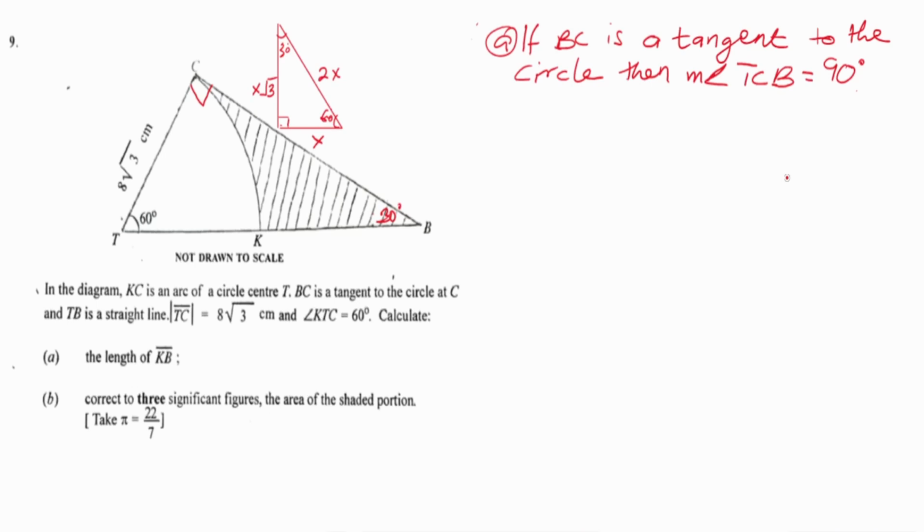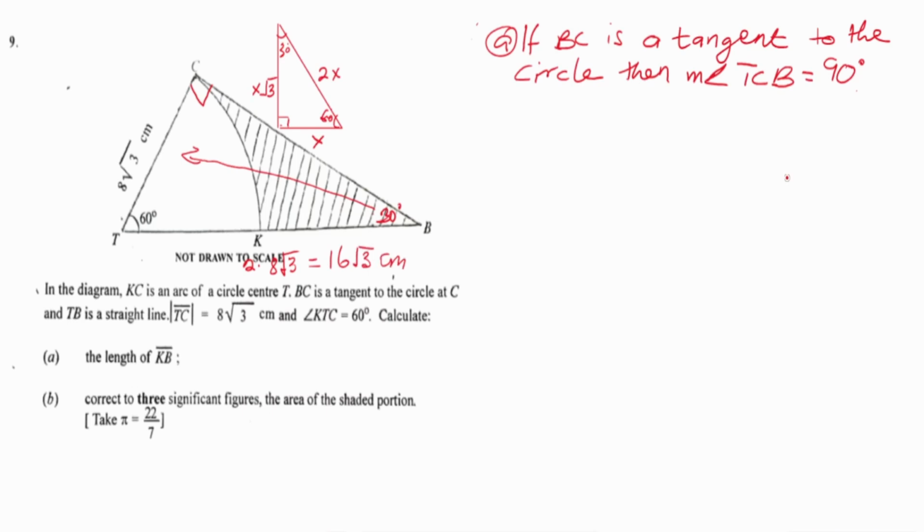Now that we know that, we can apply it to this one. This side, which is opposite the 30 degrees, has the length 8 root 3 centimeters. If that is our x, then our hypotenuse will be 2 times that, which gives TC... let me write that here, 2 times 8 root 3, which gives us 16 root 3 centimeters.